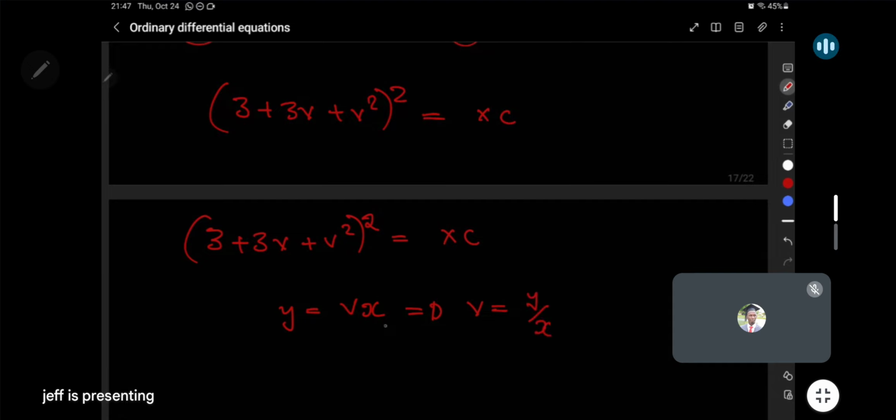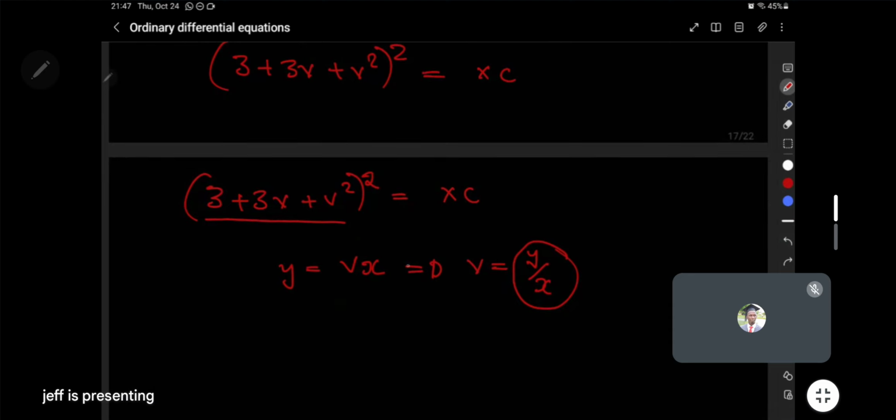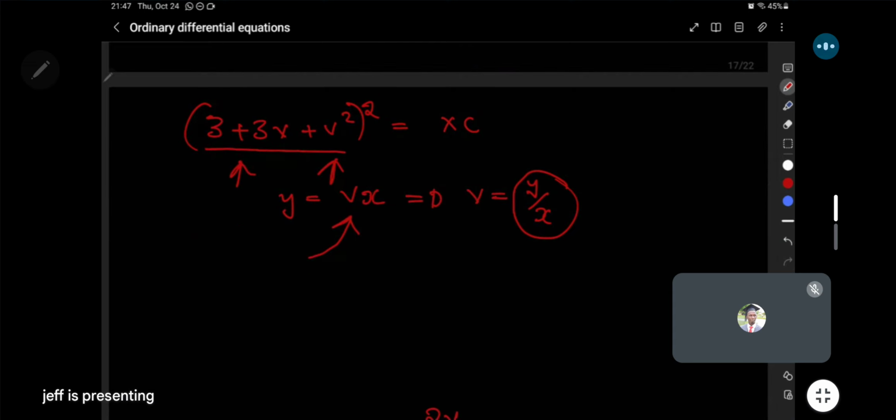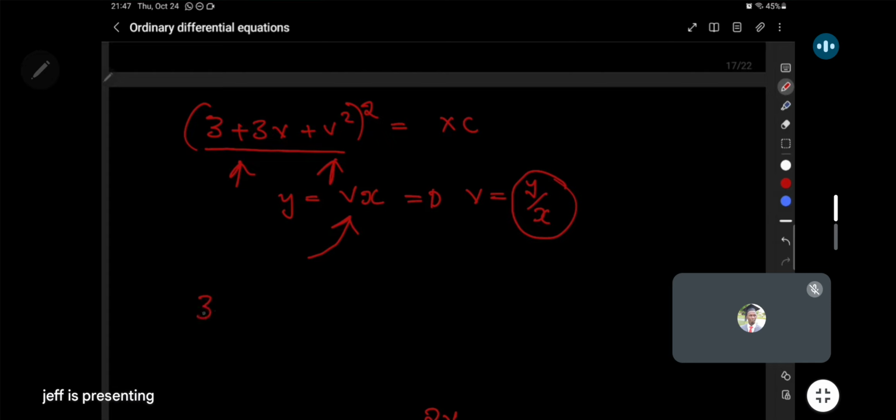You see that now I am choosing to use this version because it's not possible for me to make v the subject of the formula here and substitute it where I have v. Because of that, I'll instead make v the subject of the formula here and substitute it wherever there's v in the first equation there. So now I have 3 plus 3 where there's v, y over x.